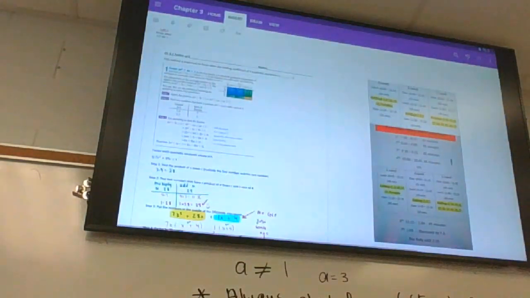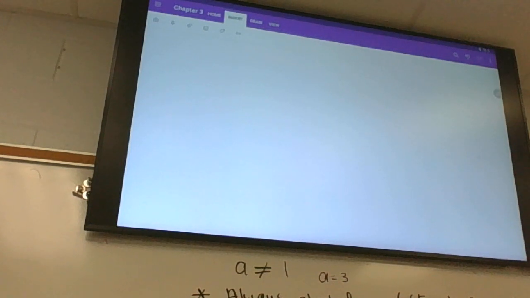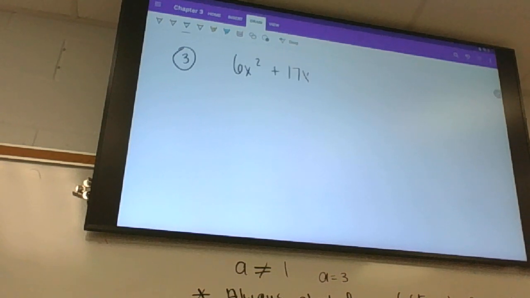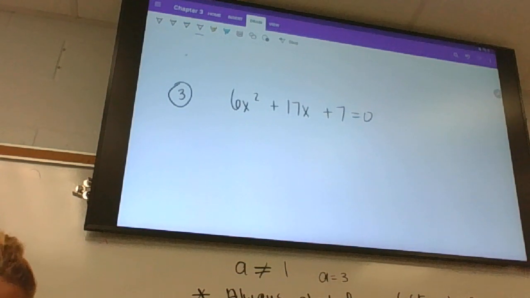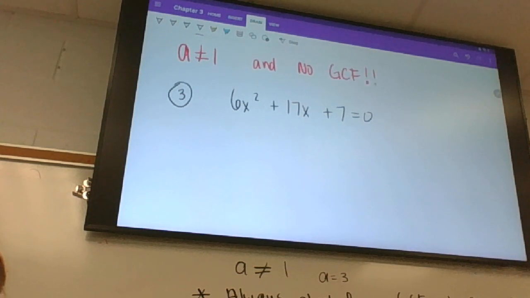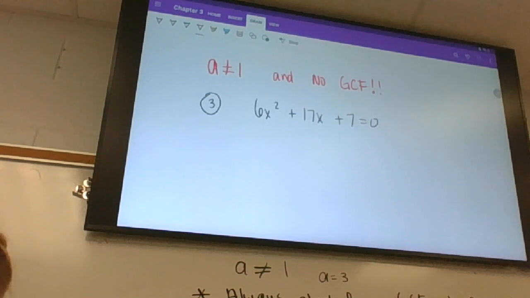6x squared plus 17x plus 7. Okay, this situation is A is not 1, and there is no GCF. So we'll have to use the grouping method.